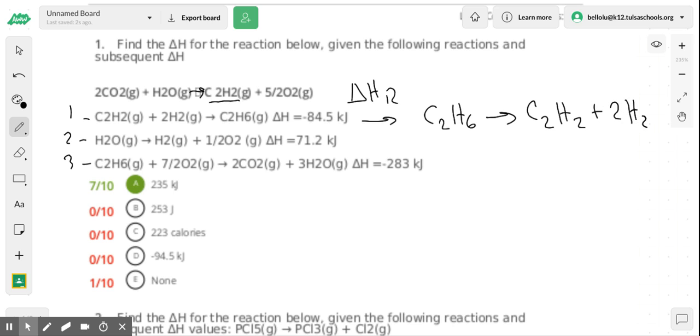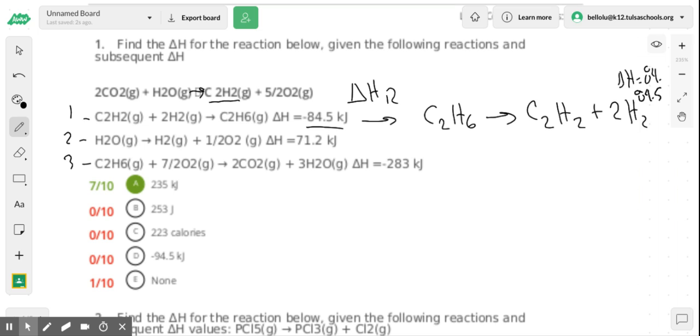That will be the first one. And because I flipped the reaction, I need to change the sign of the enthalpy. Now the enthalpy will be positive, 84.5 kilojoule. Let me rewrite here, 84.5 kilojoule.